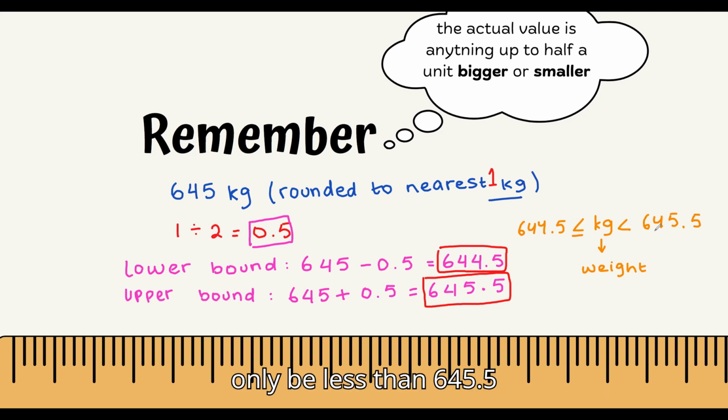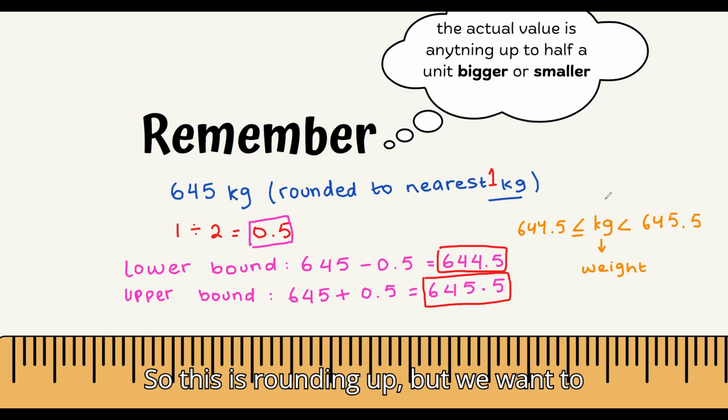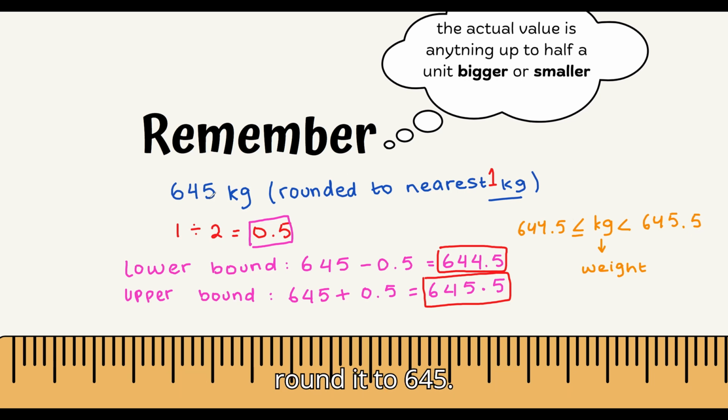However, it can only be less than 645.5, and it cannot be equal to 645.5, because if we round 645.5, this is going to give you 646. So this is rounding up, but we want to round it to 645.